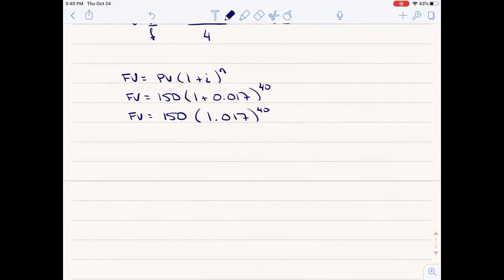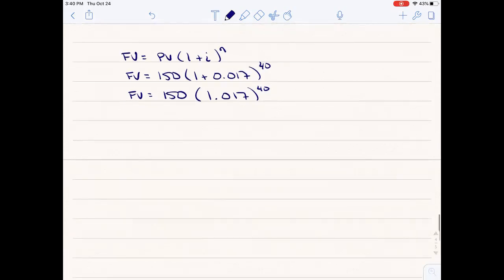Use the y to the x button. So you have the base on your screen and then the y to the x button, which is above 9. It doesn't do anything to tell you that, hey, I heard you. But to the power of 40 equals, and you should get 1.962628571. I'll write that out so you can check.